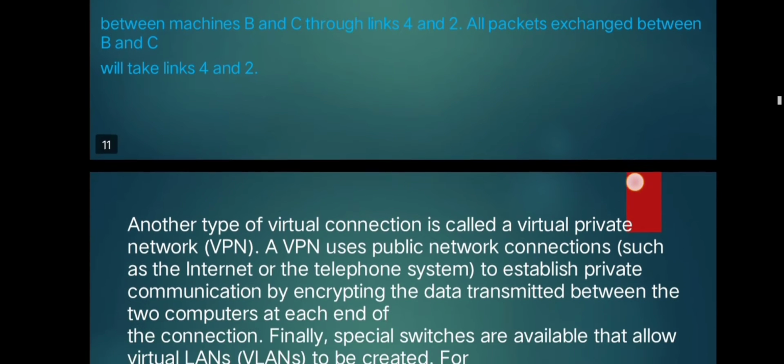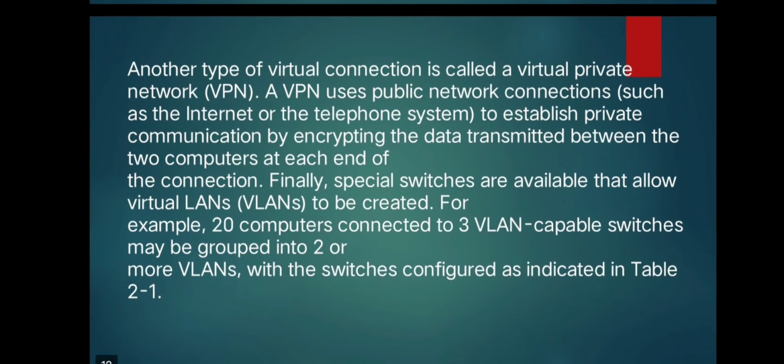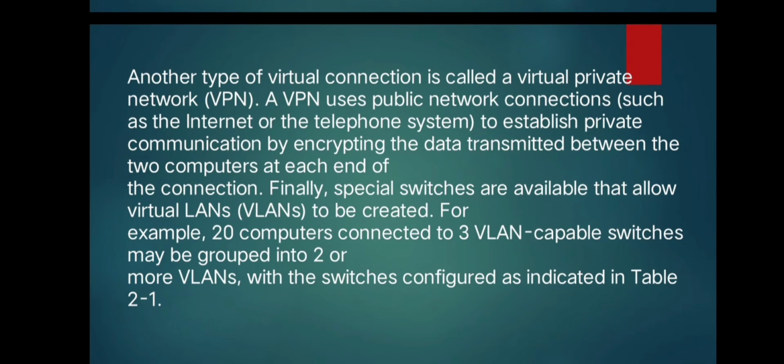Another type of virtual connection is called a virtual private network, or VPN. A VPN uses public network connections such as the internet or the telephone system to establish private communication by encrypting the data transmitted between the two computers at each end of the connection.